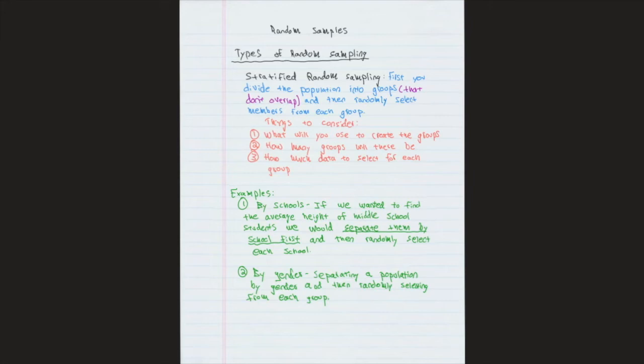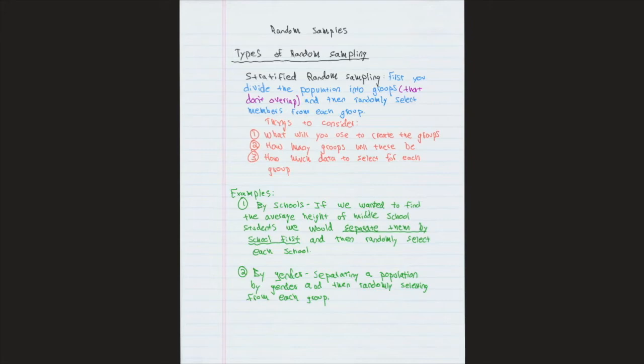In stratified random sampling, the numbers in each group don't have to be equal. So, for example, if you were to survey high school students and, just because it was easier, maybe to take the survey, you wanted to break them down into subjects.